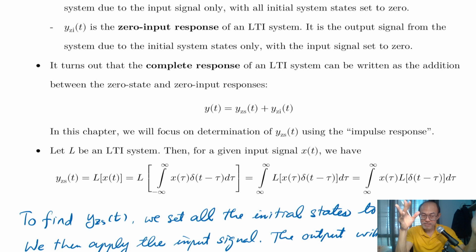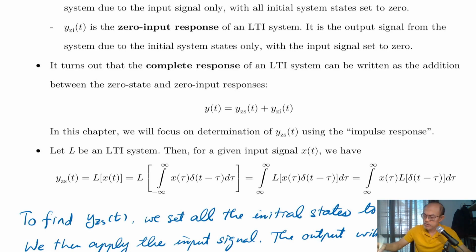That is called the system state. So the output from an LTI system is a result of two factors. First, the output is a result of the input. Second, the output is a result of the initial states.